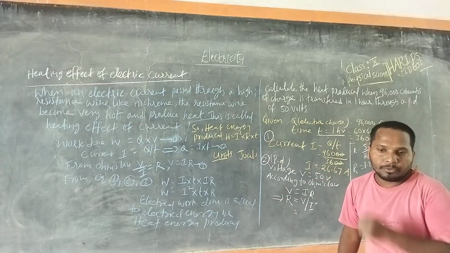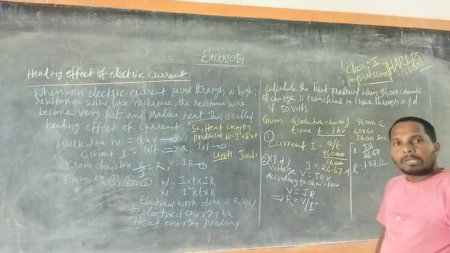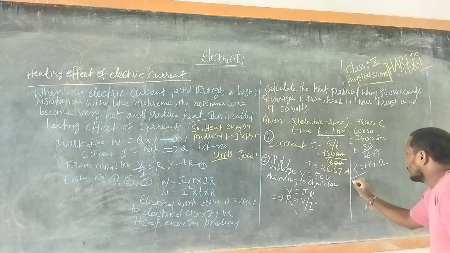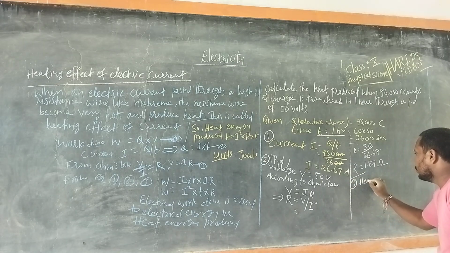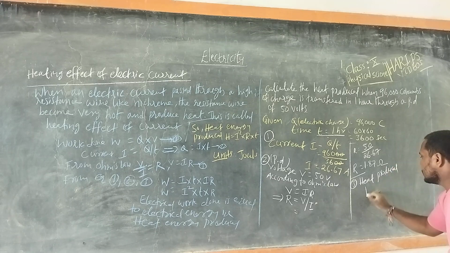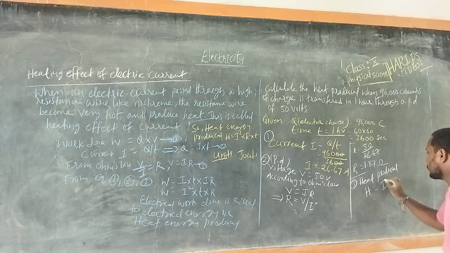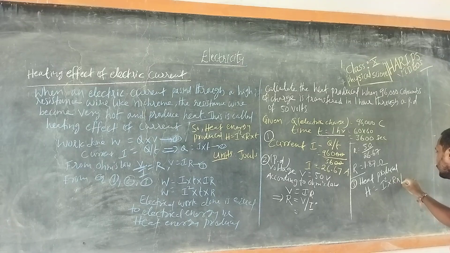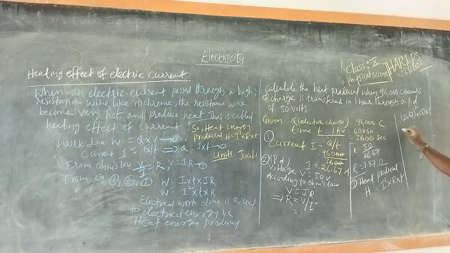Then we need to calculate the heat produced. Third case, heat produced. H is equal to I square into R into T. So that is equal to 26.67 square into 1.87 into 3,600.